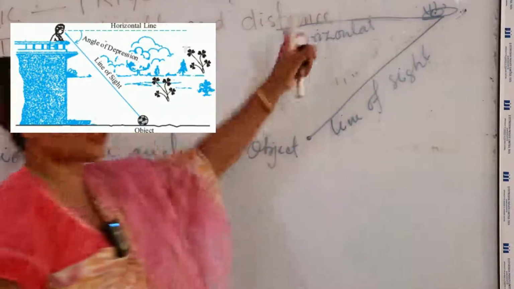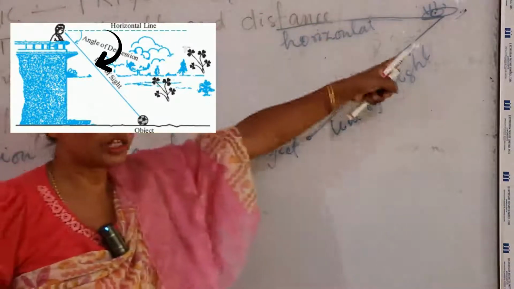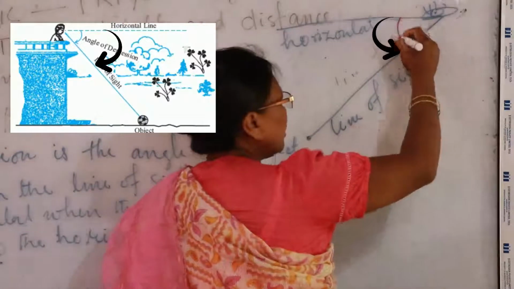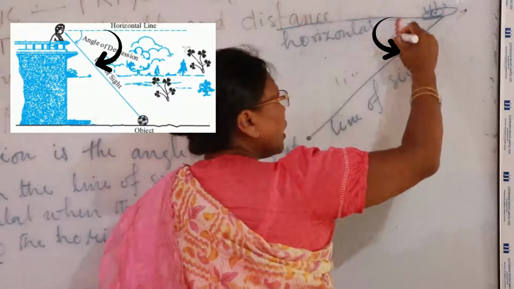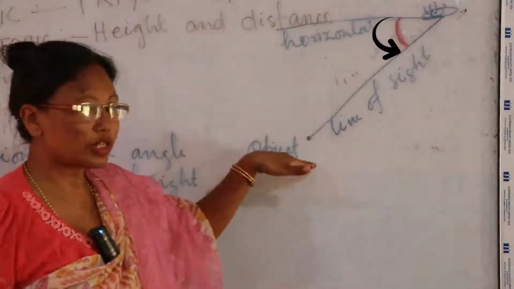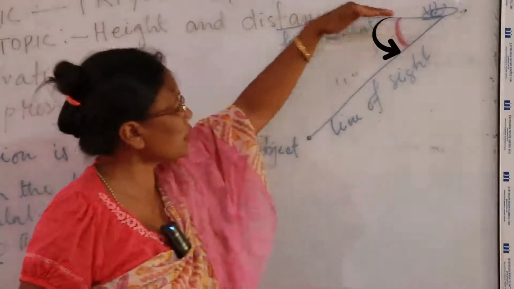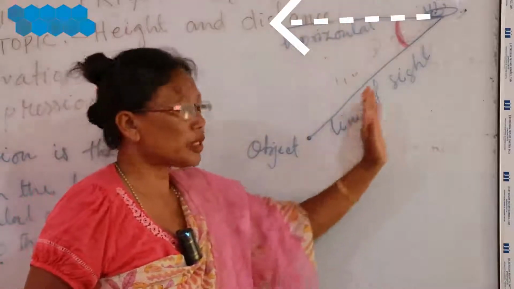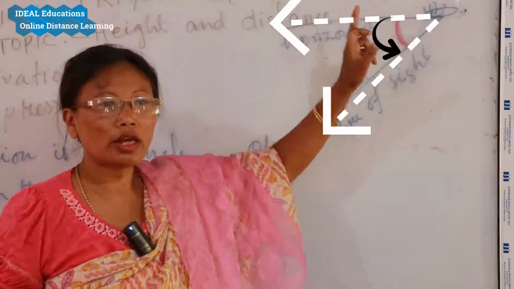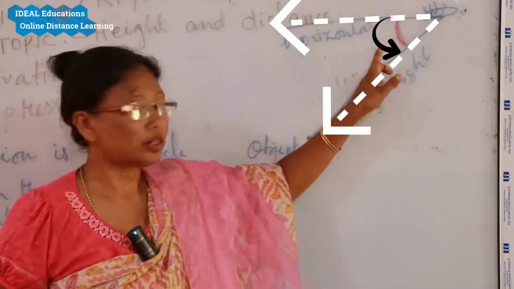Between these two lines, there is one angle. From the upside, when we look to the downside, the horizontal line and line of sight make one angle. This angle is called angle of depression.